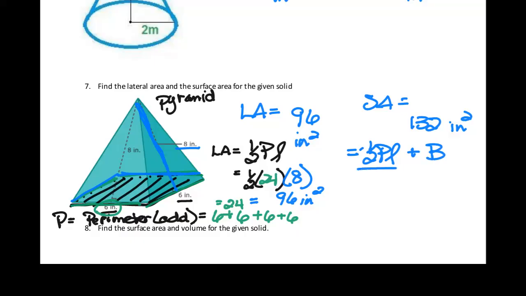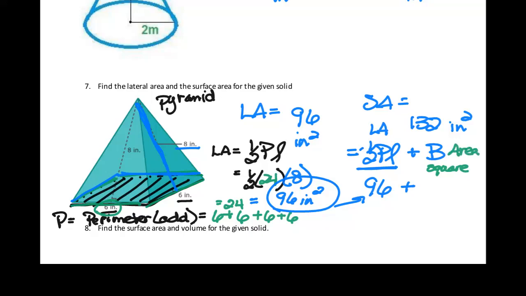Well, you just found this part of it. That is your lateral area. That lateral area was 96. So you just take this answer and you put it over here. Plus, my base is in the shape of a square. Now, when you have capital B base, that means we want the area of that square.